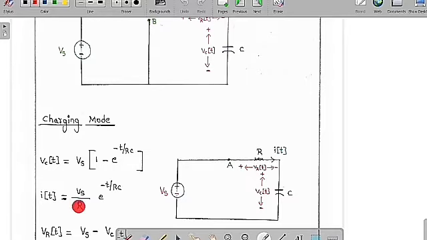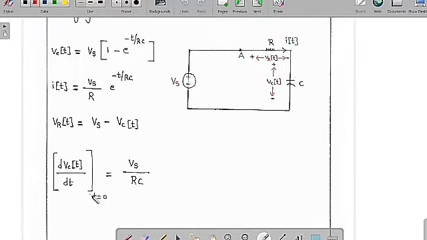So I of t is equal to Vs by R into e to the power of minus t by RC. And if you want to know the voltage across the resistor, it is the supply voltage minus the capacitor voltage. By using KVL also we can get this expression, which is VR of t is equal to Vs minus Vc of t. So with the help of Vc of t and Vs, we can find the expression of VR of t.